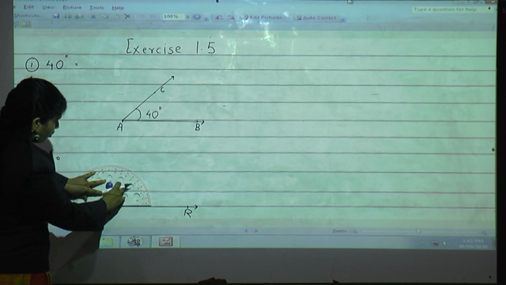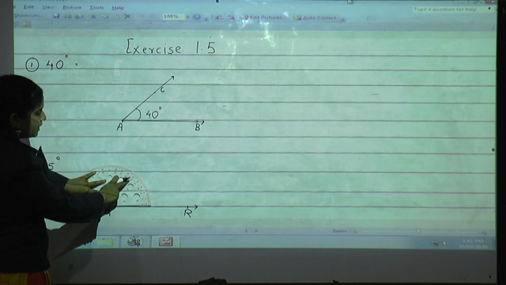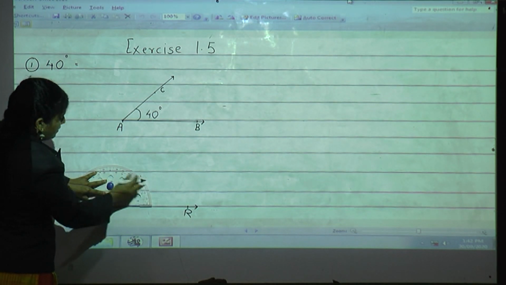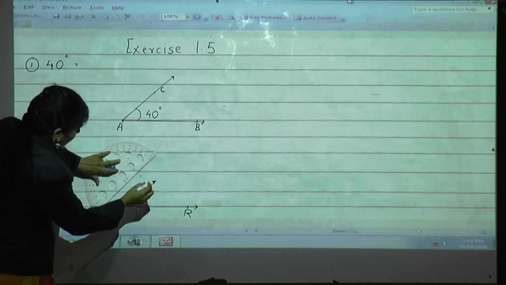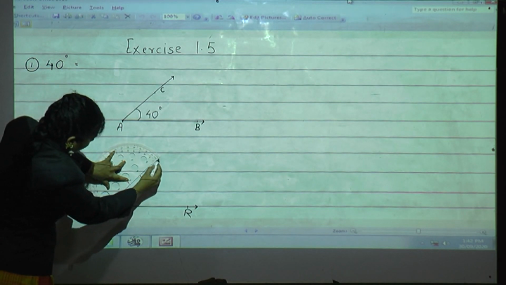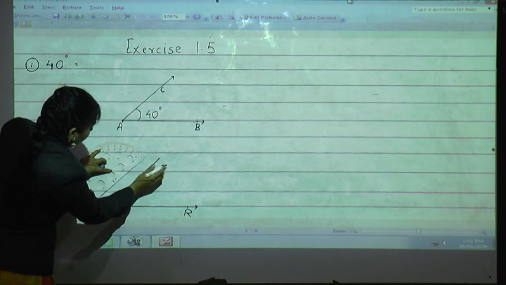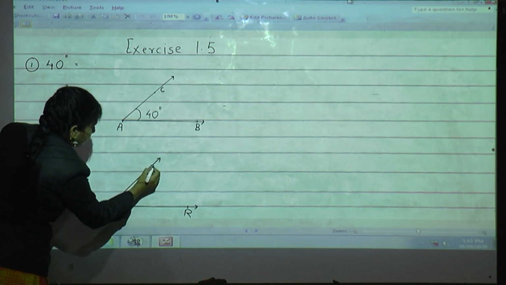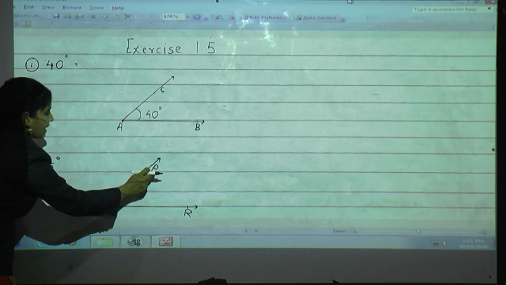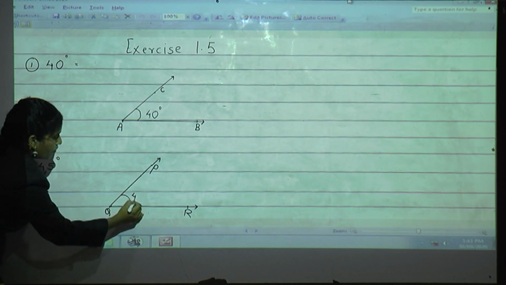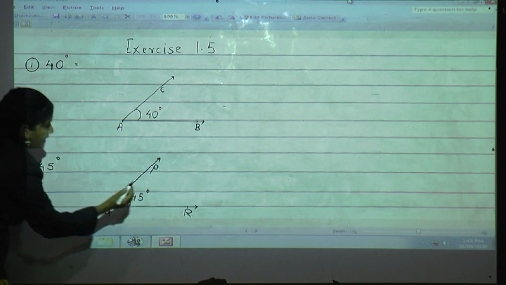Just make a point on 45 degree. It is between 40 and 50. See, here it is. Again, join the ray, draw a ray here, P. The measure of angle PQR is equal to 45 degree.